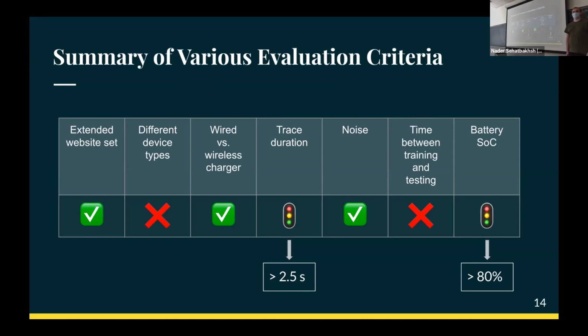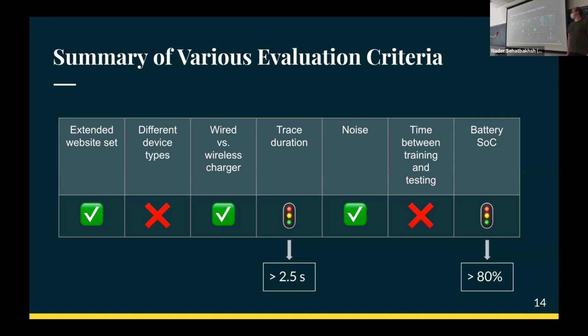Two things to know here are that it's not resilient to different device types or to time between training and testing. For device types, a classifier trained on an iPhone won't work on an Android phone, which is a big limitation. We don't know whether in future we need to train the classifier for each device, or somehow gain knowledge of what device we're trying to attack.